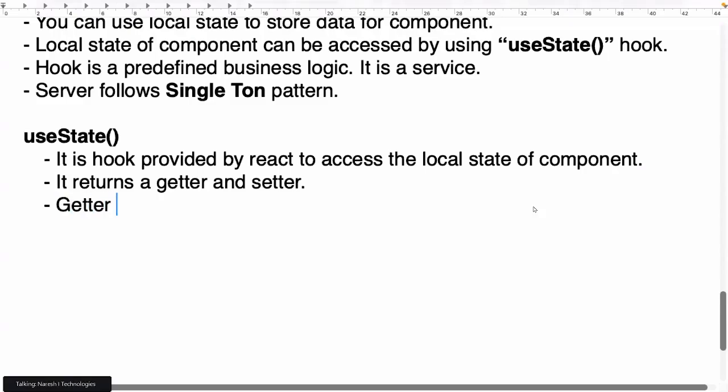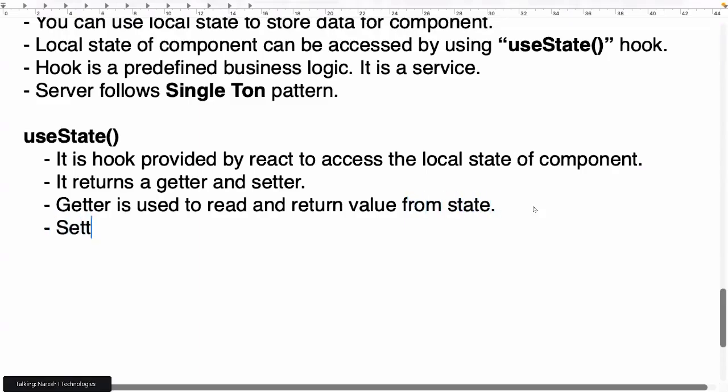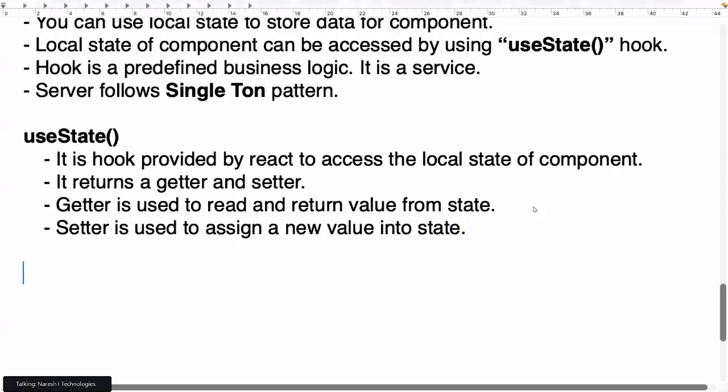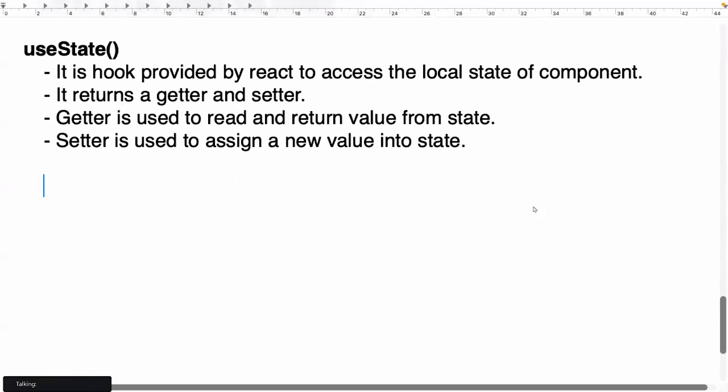The getter is used to read and return a value from state. Am I right? And the setter is used to assign a new value into state. So through the getter you can access and through the setter you can assign.